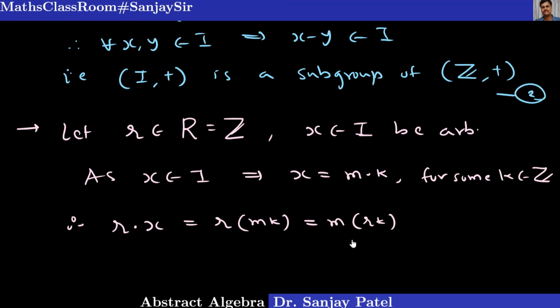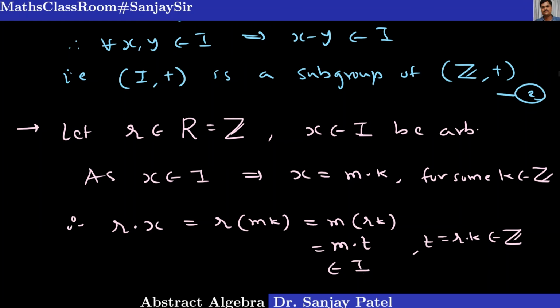So this is m into t, where t is equal to r into k, and that is also some integer. So this element r into x is of the form m into t, so this belongs to I.